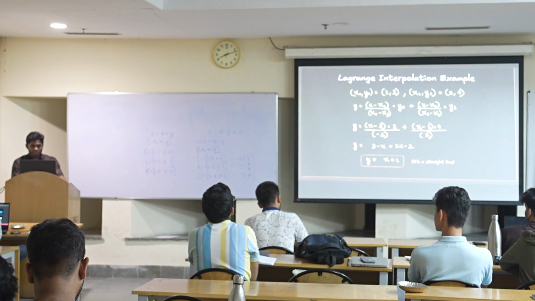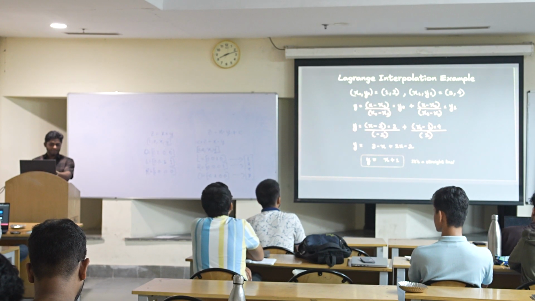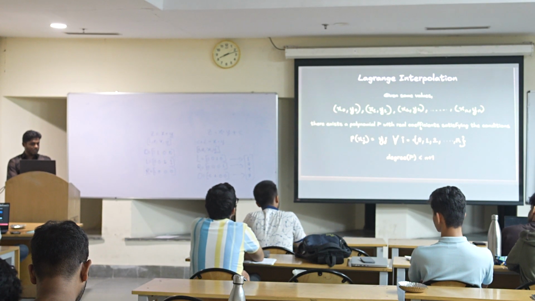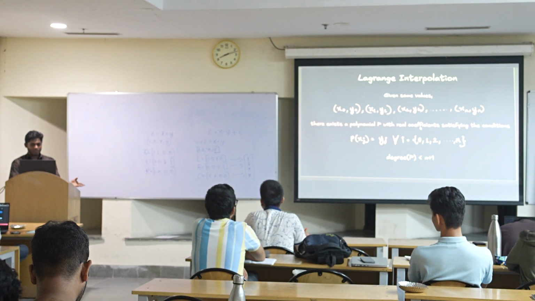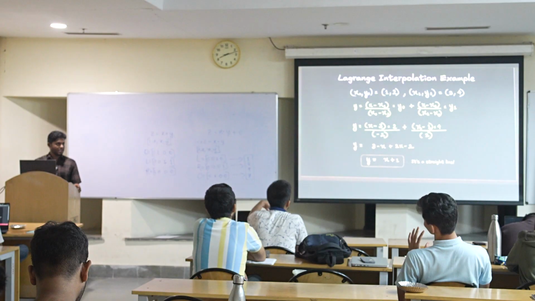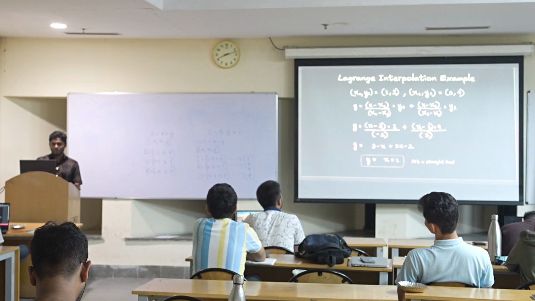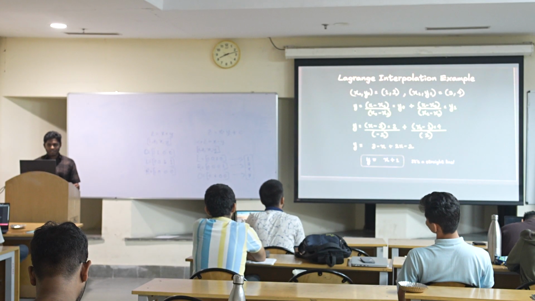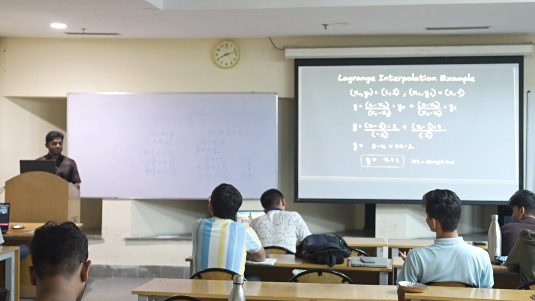We'll substitute these points here and we'll get the polynomial. As you can see, the degree of the polynomial is smaller than n plus 1. We have 2 points and our degree is smaller than 2. It's a straight line. Are we clear with Lagrange interpolation?